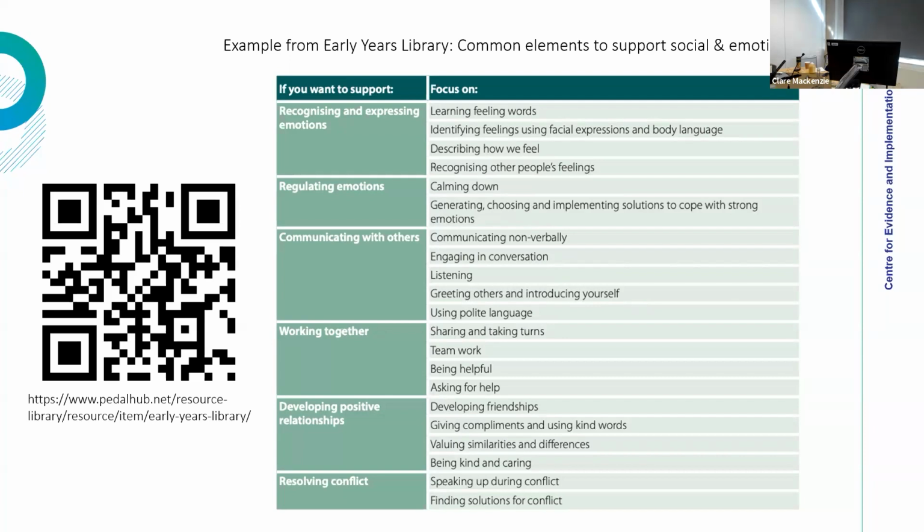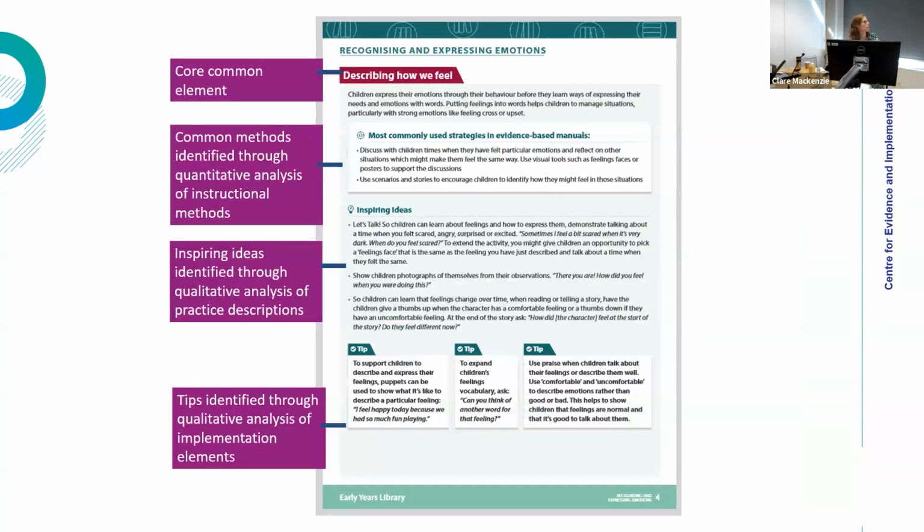I just want to show you one example from the library. This would be the set of common elements for social and emotional skills. And this is just a summary for each one of those. There's a whole booklet, really. This is me energizing myself, running back and forth. Here's your example.